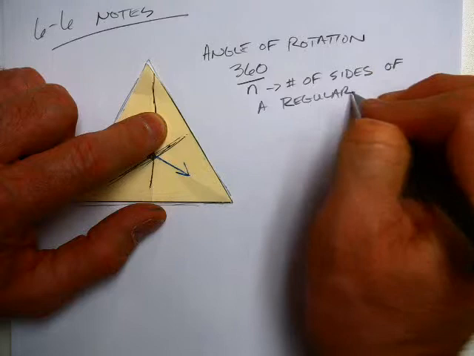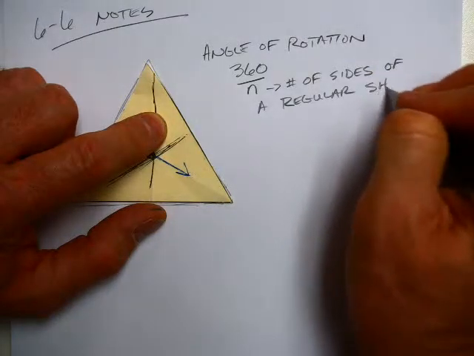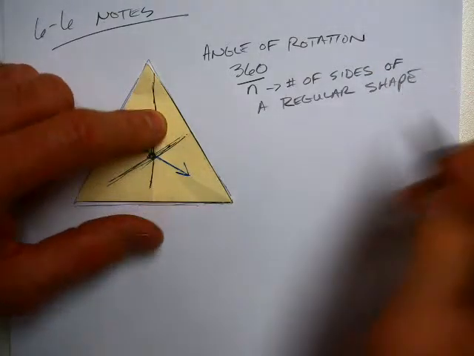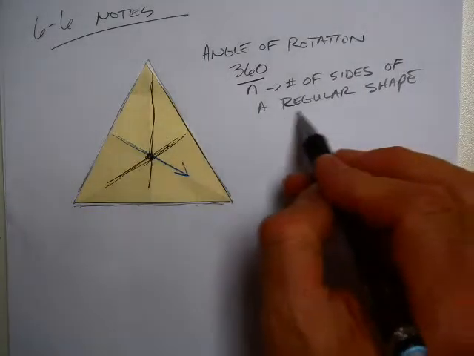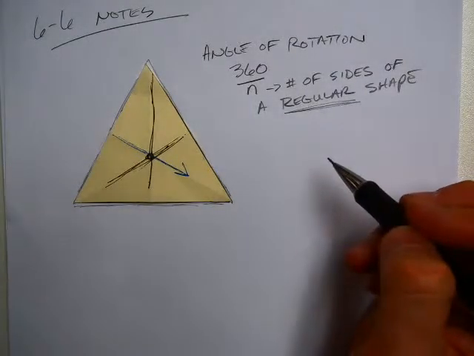No. Nice try, though. What makes this an equilateral triangle? And? Three equal angles. Good. So all sides and all angles are equal. That's what makes a regular shape. Okay?